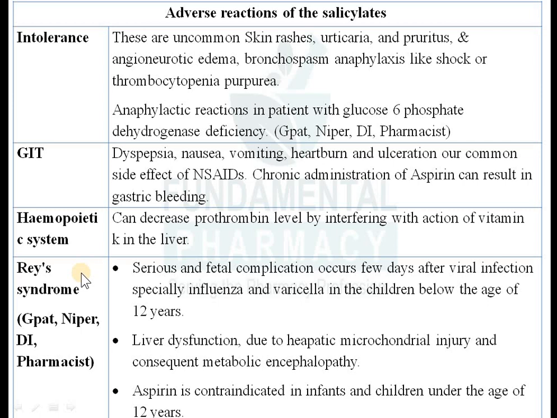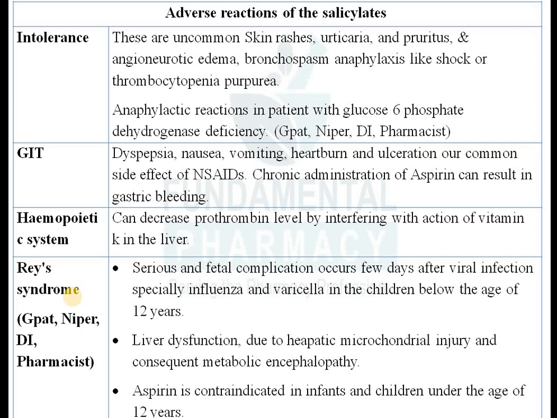What is Reye's syndrome? Suppose a child below the age of 12 years has an infection, for example influenza, or varicella zoster, that is chickenpox, and then gets fever. At that time you should not give aspirin to relieve the fever. If by chance you give aspirin to a child less than 12 years having infection of influenza or varicella zoster, it will result in a serious complication.